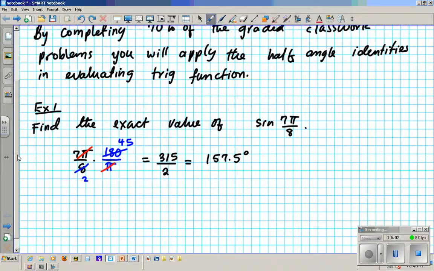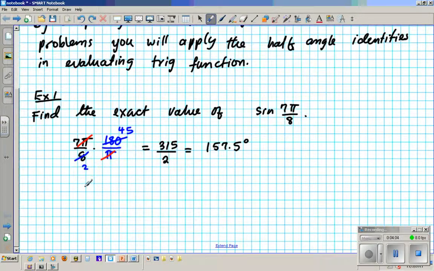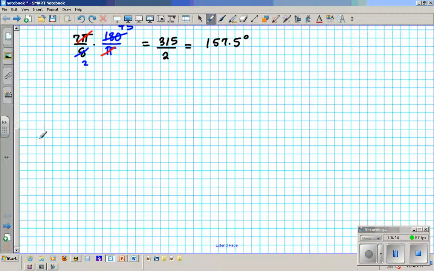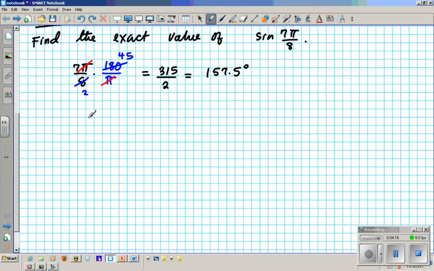So that's not on the unit circle. So we know that alpha over 2, since we're working with half angles in this problem, alpha over 2 is going to be 157.5. Now if I double this, do I get something in unit circle?